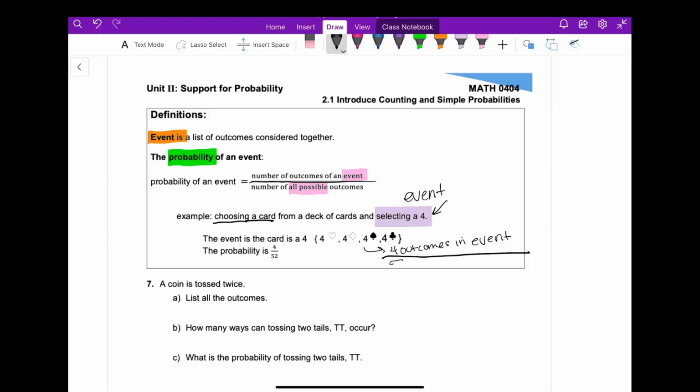How many possible outcomes are for a deck of cards? 52. So we have 4 out of 52. So our probability comes down to this number. Again, it's the number of outcomes in a specific event divided by all possible outcomes. So what you're going to be focusing on in these problems is trying to figure out what's the numerator and what's in the denominator. Let's get started.